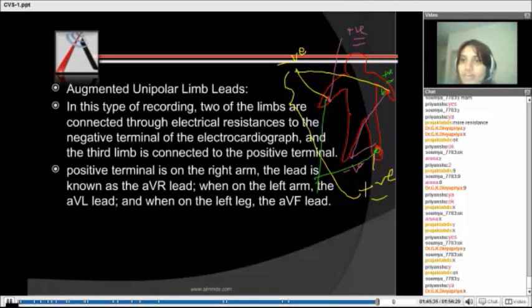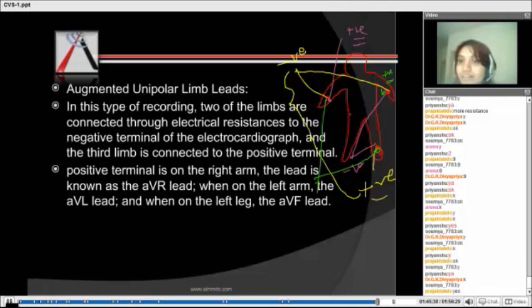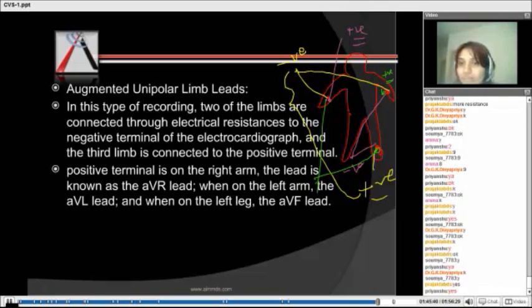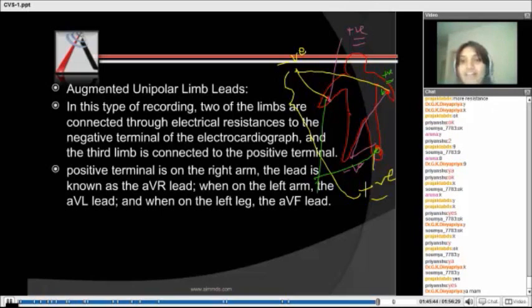This kind of lead is called an augmented lead. All of you clear? In this type of recording, two of the limbs are connected through electric resistance to the negative terminal, and the third limb is connected to the positive terminal.